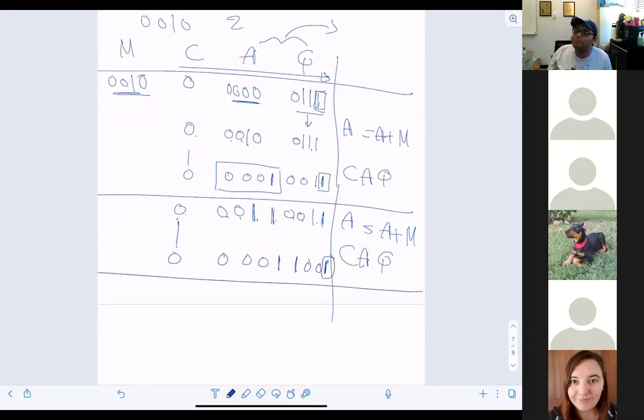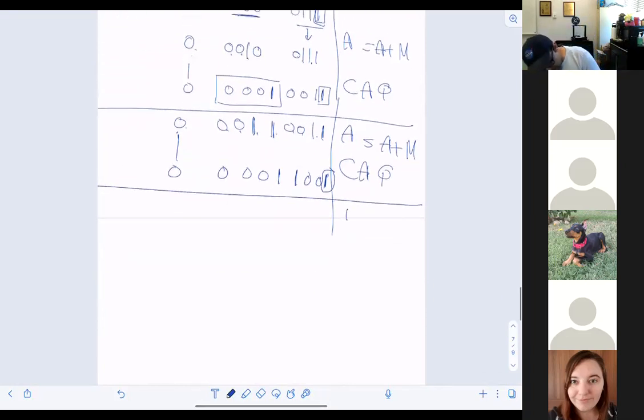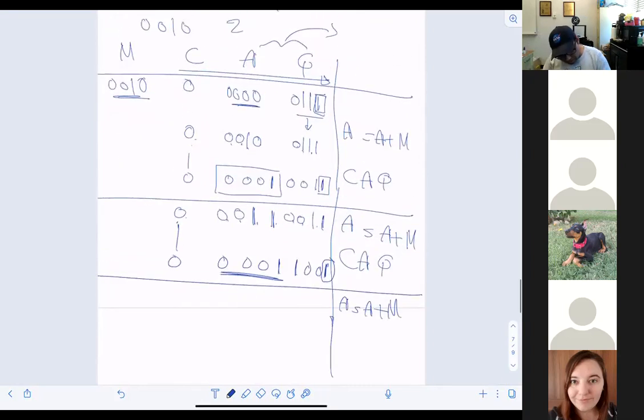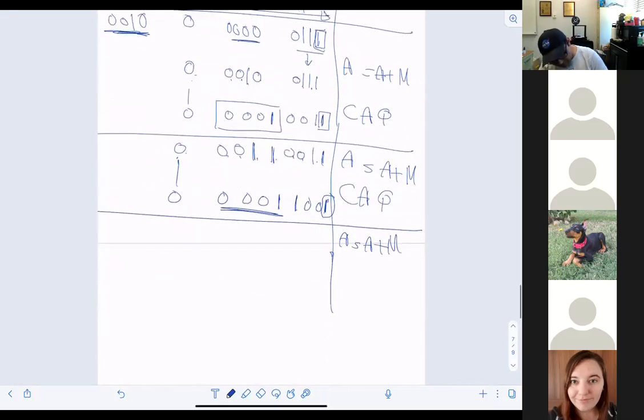What should I do? Keep adding. So it's gonna be A equal A plus M. In that case, it's gonna be 1 and 2, 3, right? And then I have here 1, 0, 0, 1, right? And I have 0 in my hand. Do you agree? Yep.